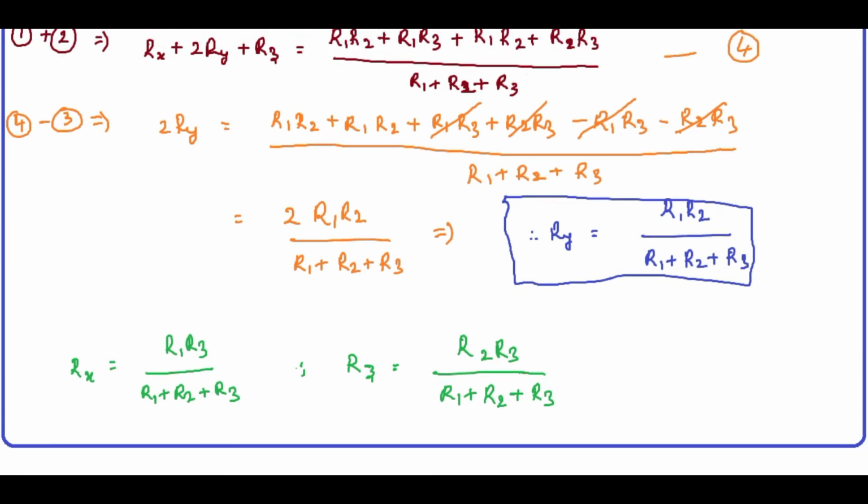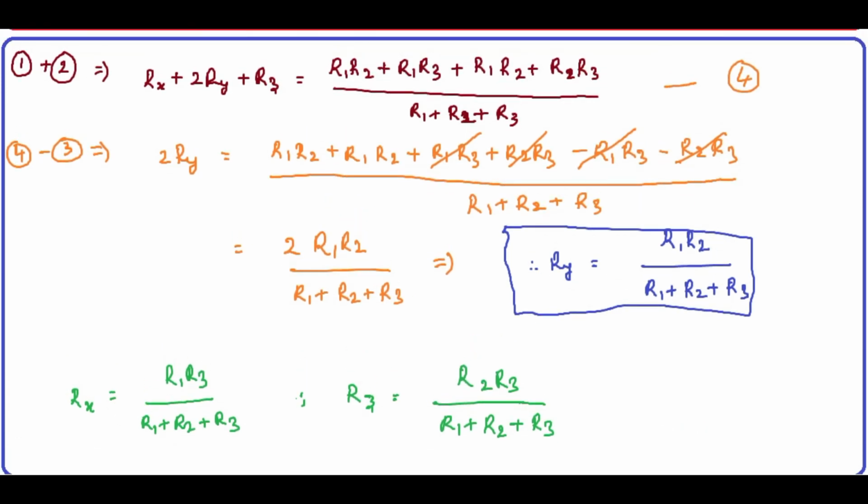So please see here. Once we have found the three equations from equating both star and delta equivalent resistances between the same terminals, we can add any two of the equations and subtract the third one from the summation of these two.